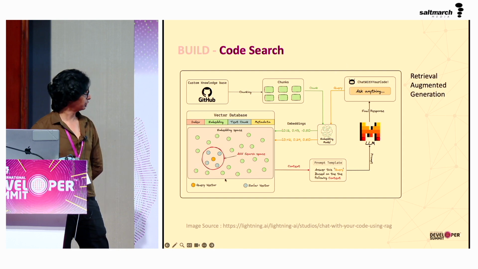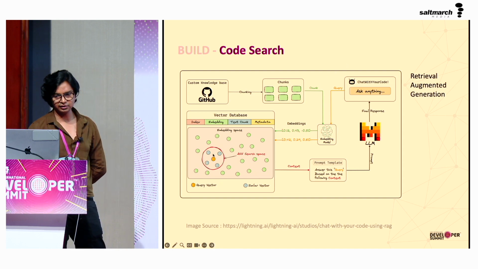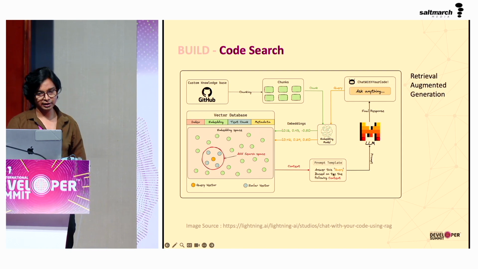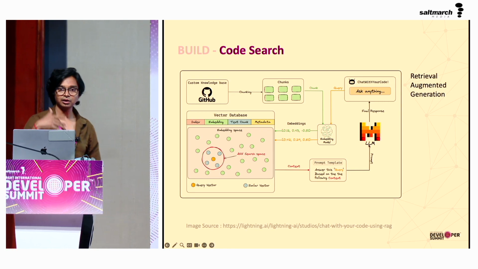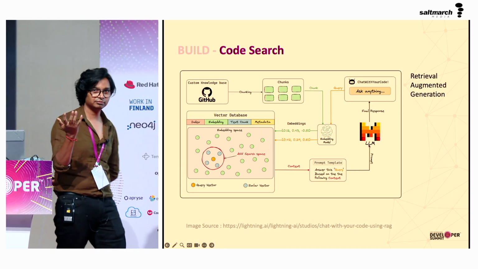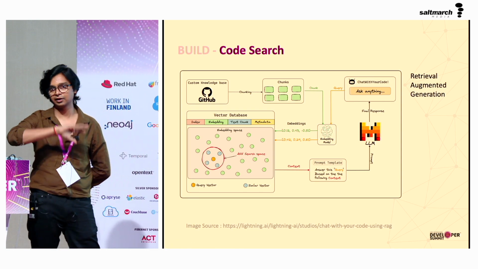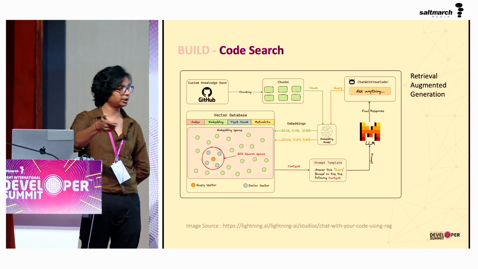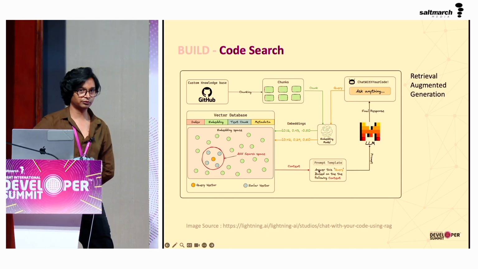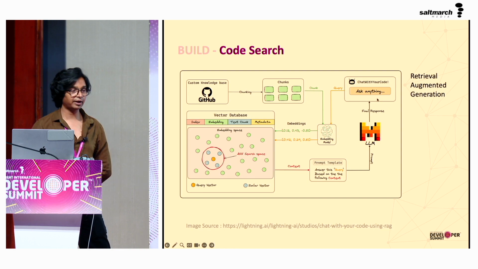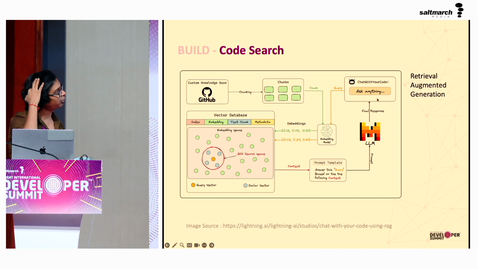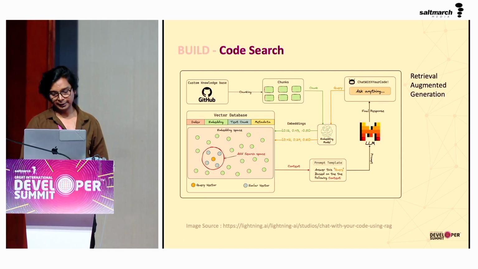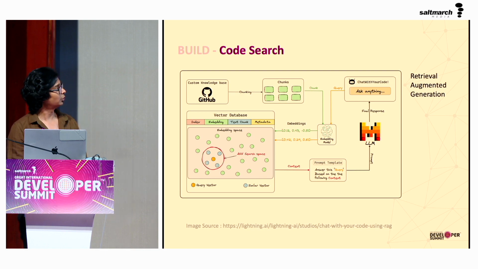Once it finds the region and the set of chunks which are most similar, it sends that data to another large language model. We tell it, hey, you understand the syntax, you understand language, you understand everything. I am providing you additional context, which in this case is your own piece of code. And that's where it generates the final response. So this is a very popular example of what we call RAG, or retrieval augmented generation, which you can use for building code search.